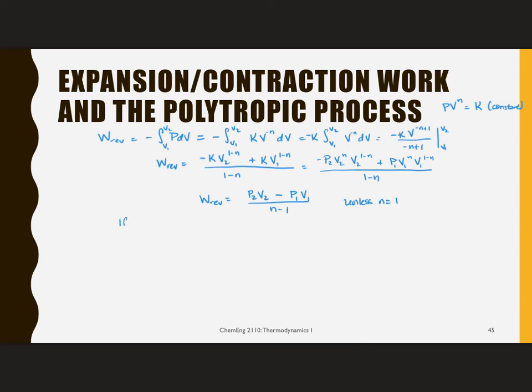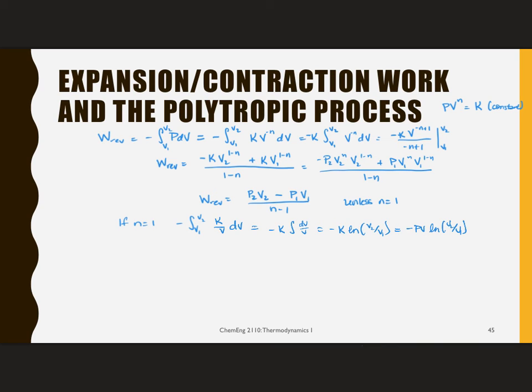Okay, in that case, that means PV equals K, and therefore, P is equal to K over V dV, and K is a constant, and so negative K integral of dV over V is the natural log of V. Which is negative PV ln of V2 over V1. Okay, so that's that special case.